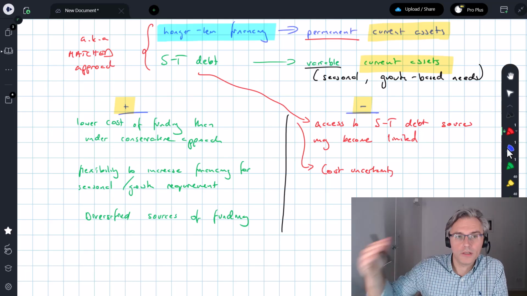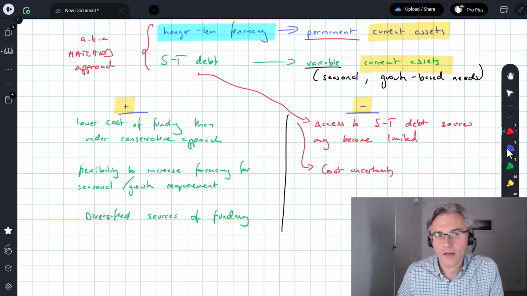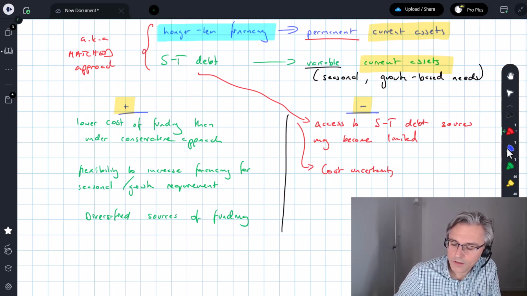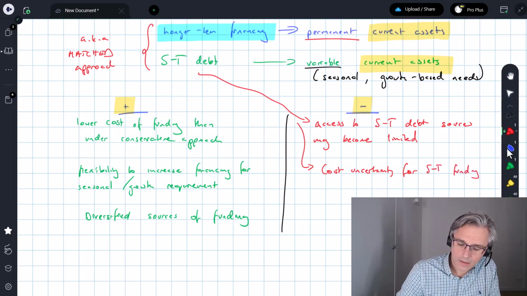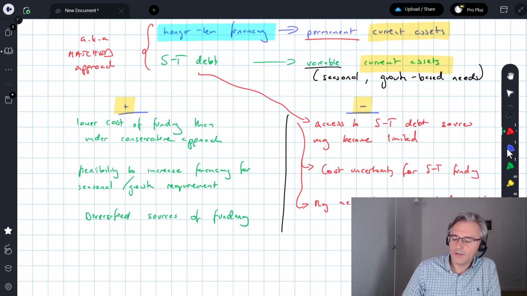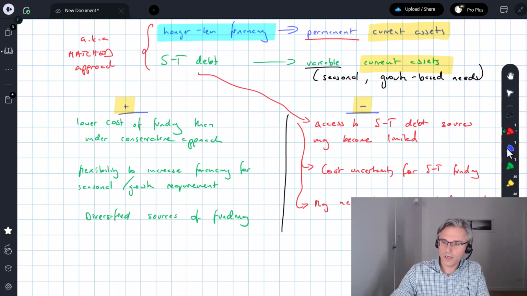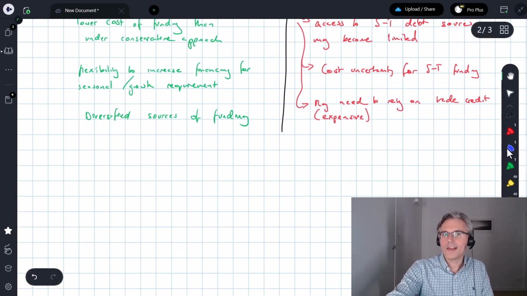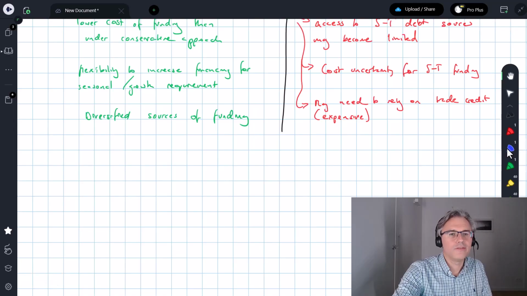You have to roll it over using whatever is the current level of interest rates, or accepting the current level of interest rates. So cost uncertainty for short-term funding, and of course may need to rely on trade credit, which your book doesn't absolutely treat as something that's cost-free. It says that it could be expensive if you need to forego certain trade discounts, as I mentioned before and as we discussed in a previous video.